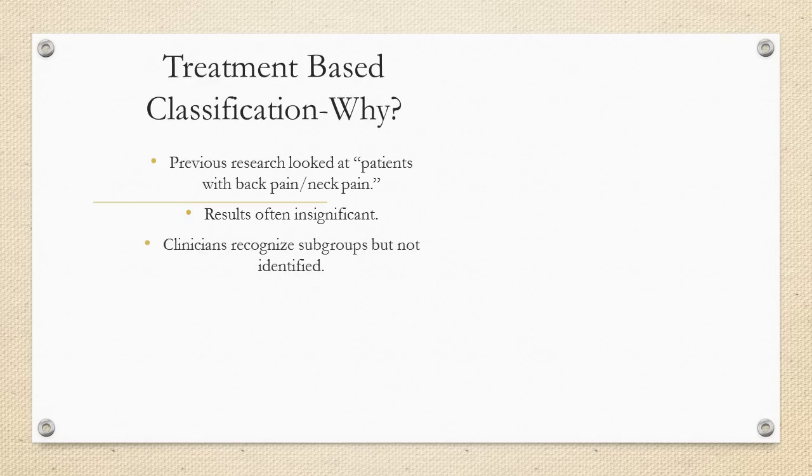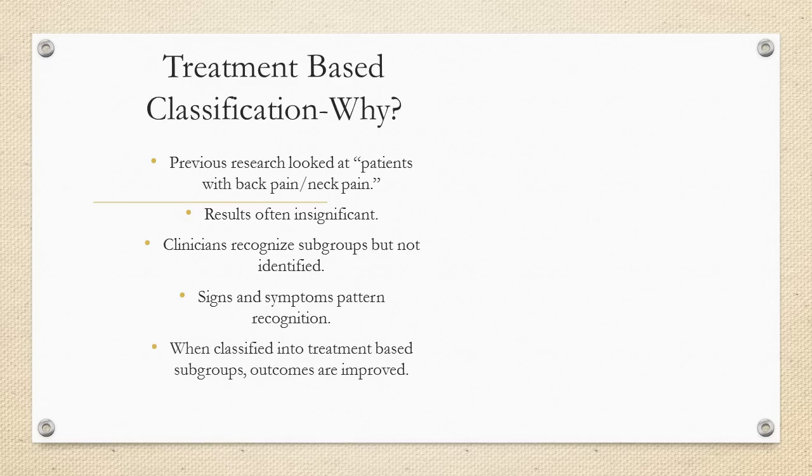Clinicians recognize subgroups, but these subgroups had not necessarily been identified in the literature. We often noted that signs and symptoms had a particular pattern that we were able to recognize. And we found that when patients are classified into treatment groups, the outcomes are improved.